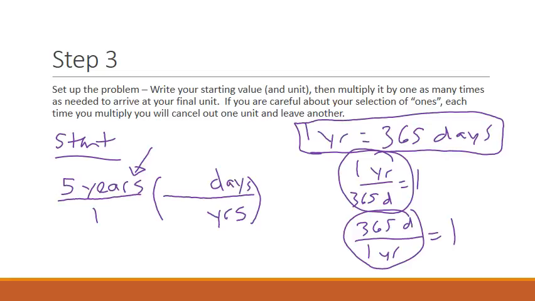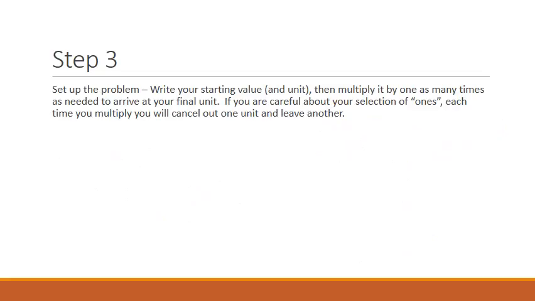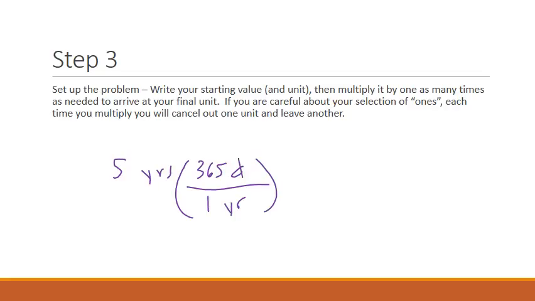Then I fill in the values that I know. I know this fact that 1 year is equal to 365 days. So now I'm going to just rewrite it: 5 years times 365 days over 1 year. Okay.